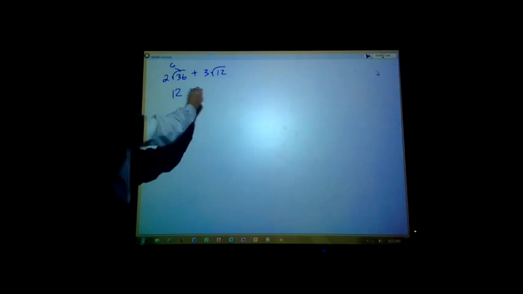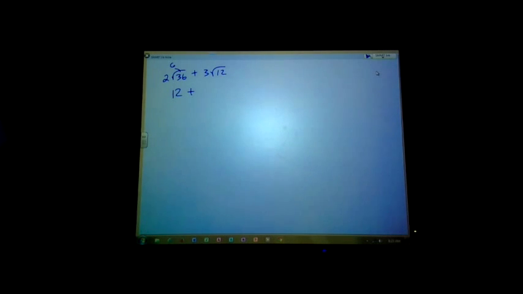What do you got? Okay. Can I break 36 down, or is it a perfect square as it sits? It is a perfect square. What is the square root of 36? 6. And what does that 6 do to the 2? Multiply. So this gives me 6, so this gives me 12 for an answer right now.